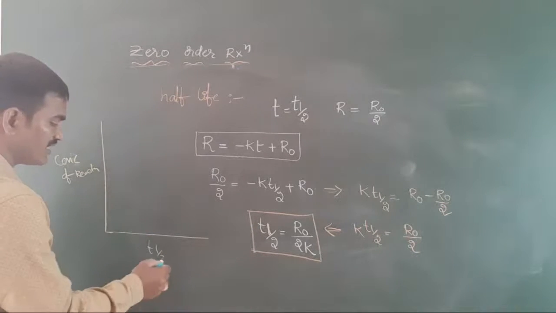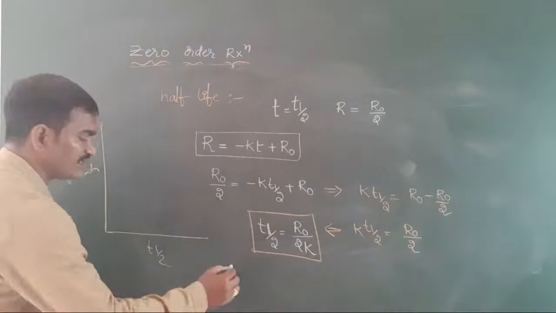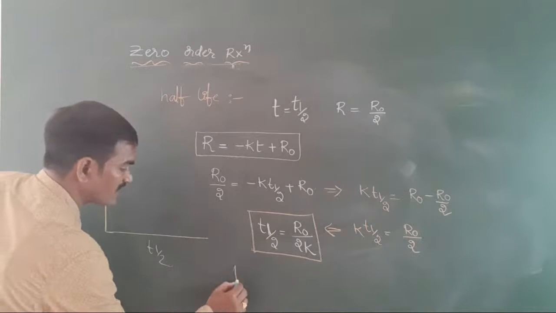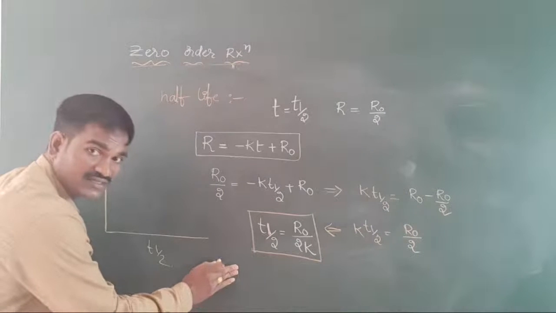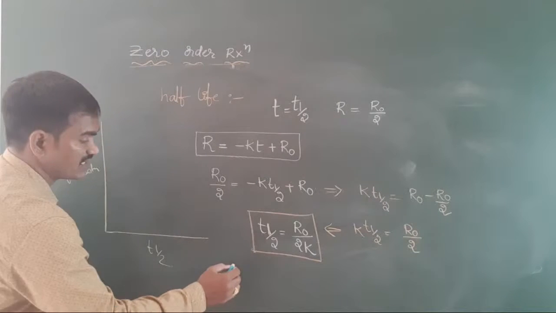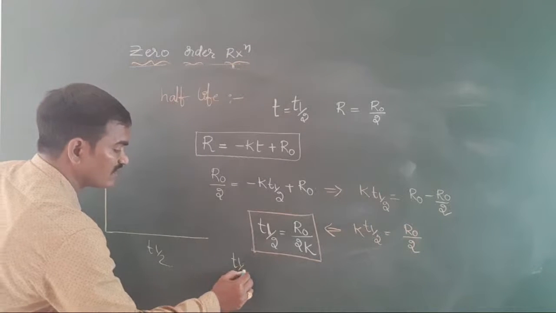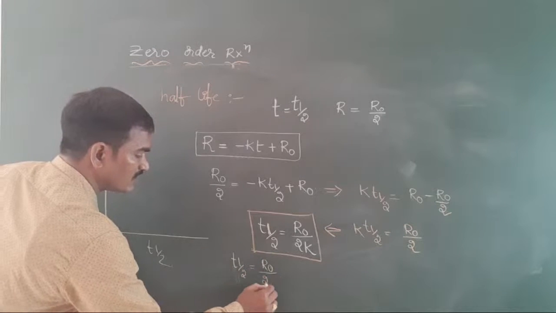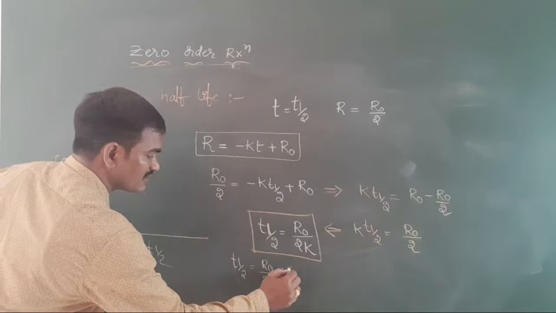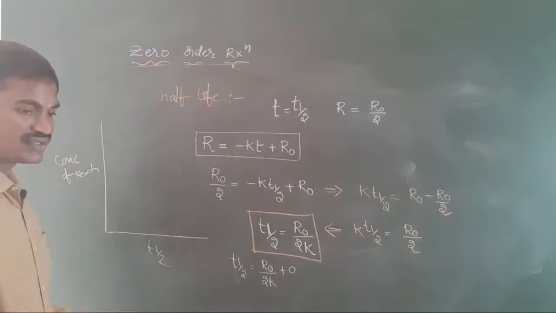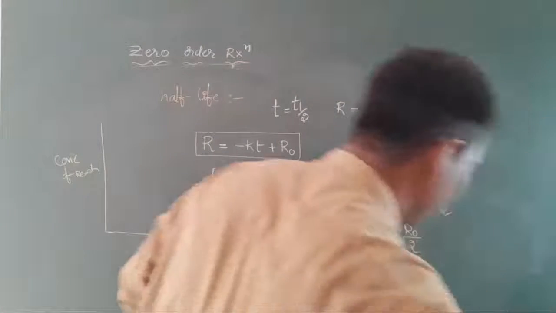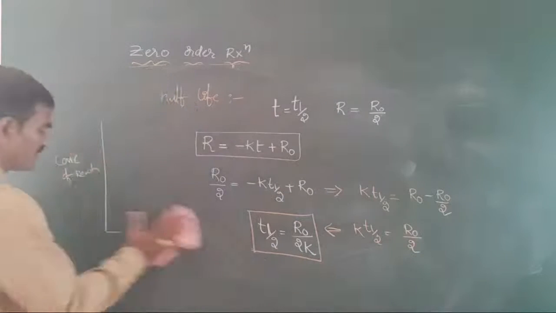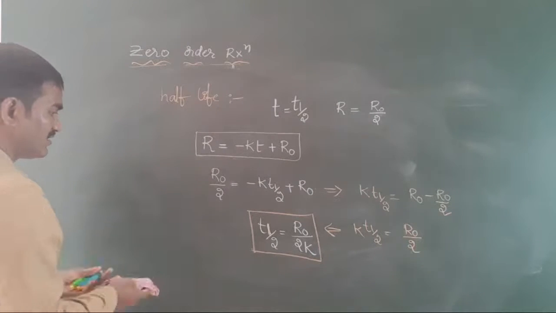Okay, you can take T half. So now you can take it like this. A little bit upside I'll write. Here T half is equal to R naught by 2K plus 0. For your clarity, I will write it upside in a detailed manner.